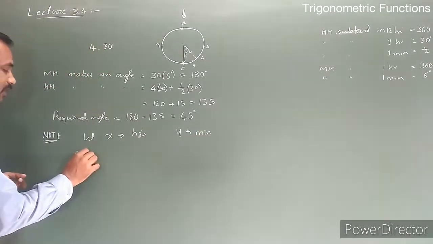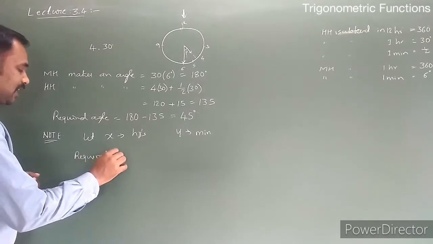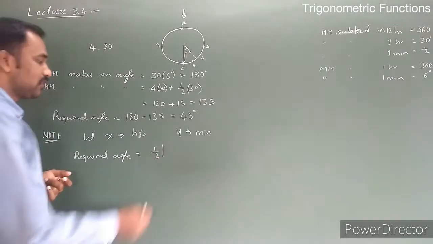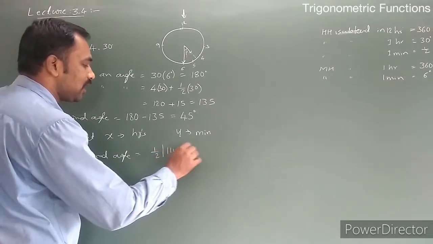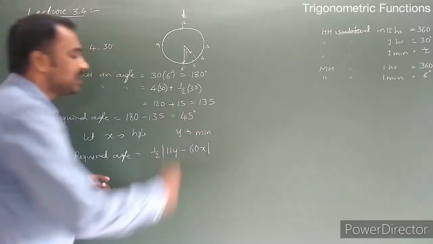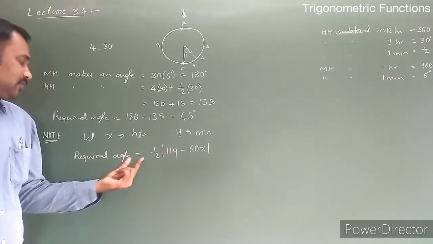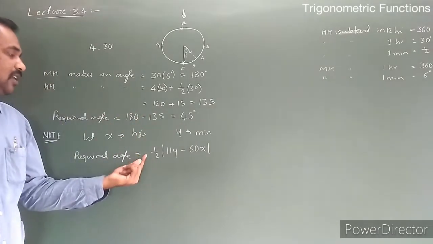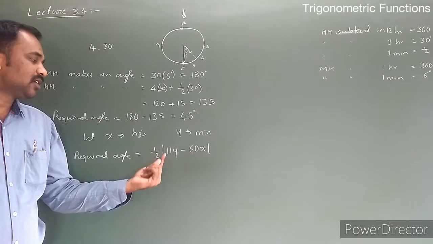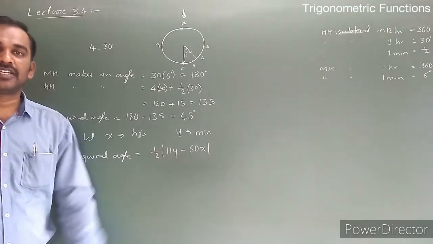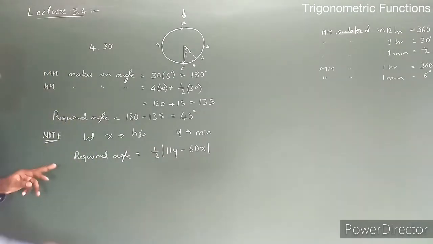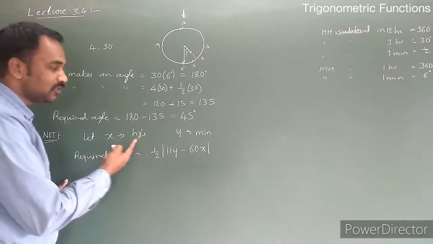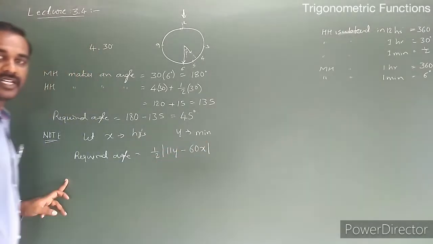Then the required angle between the minute hand and the hour hand is 1 by 2 times the modulus of (11y minus 60x). Here x denotes how many hours it has moved and y denotes how many minutes it has moved.